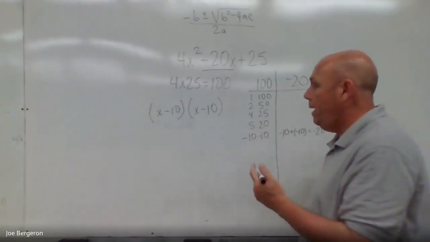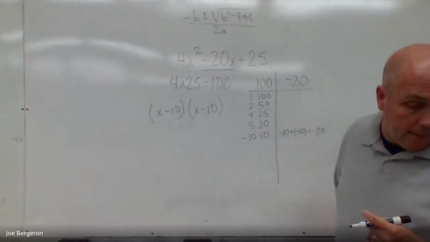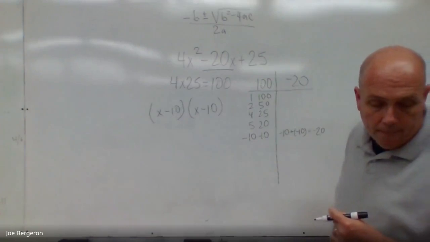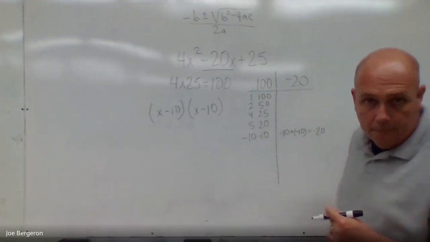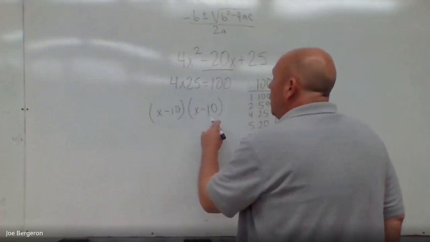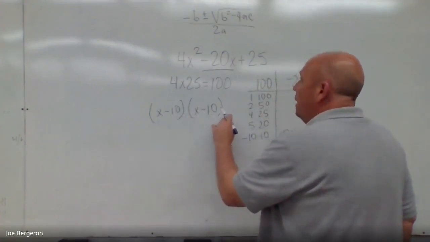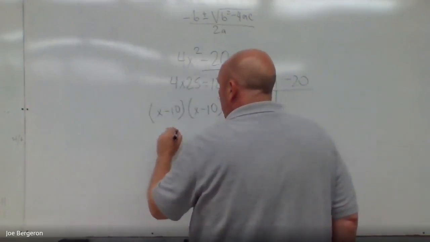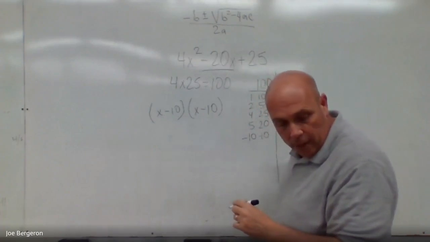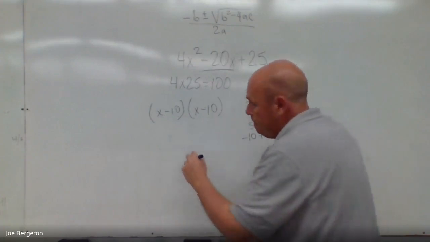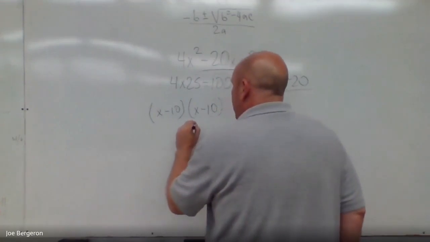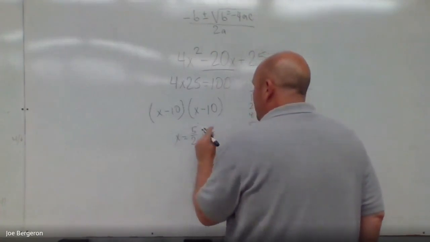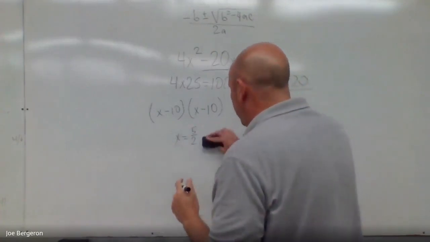Now, when we add back our leading coefficient, what we're going to come up with is x is 5 halves and x, I'm sorry, there's no need to write that twice.